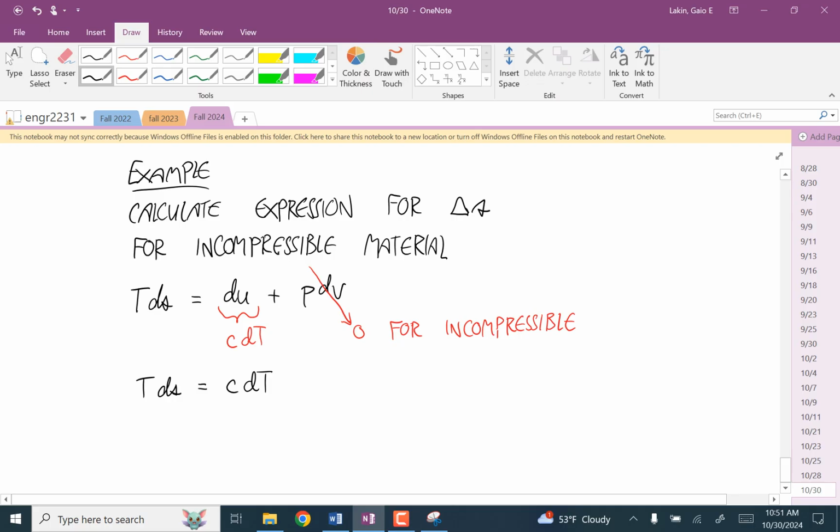Now divide both sides by T, and you get dS is equal to C times dT over T. And now we have a form that we can integrate. This is from state 1 to state 2. I'll pull the constant outside of this.